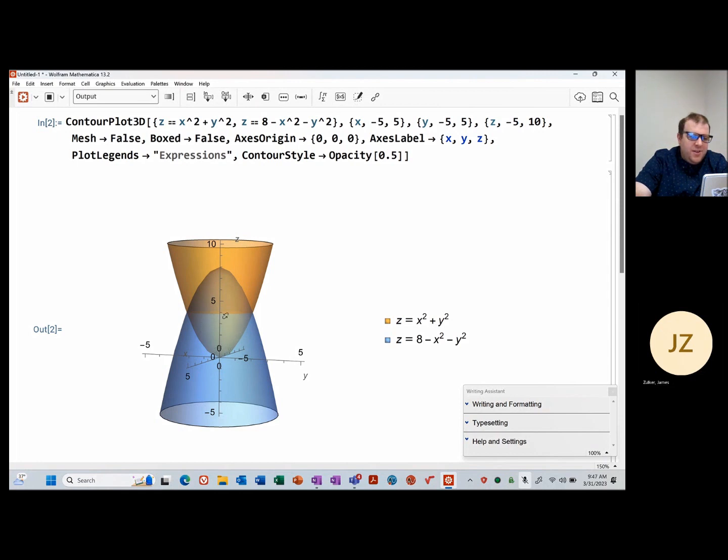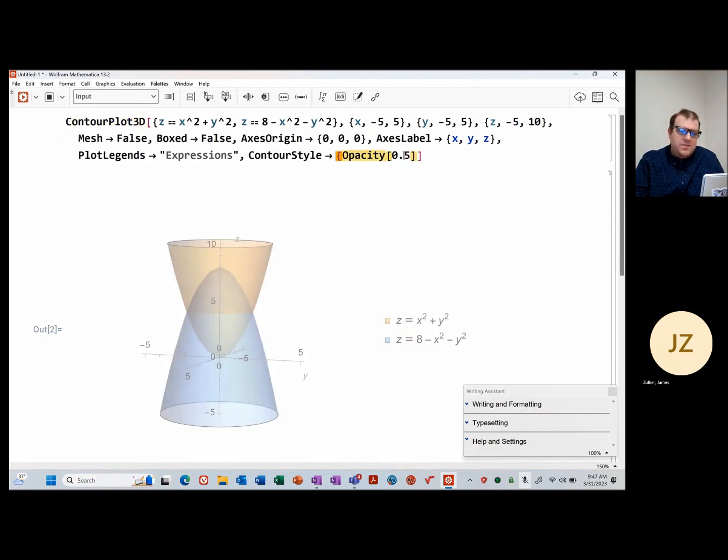It'll be this region in here, right? What if I set the opacity of the orange one?